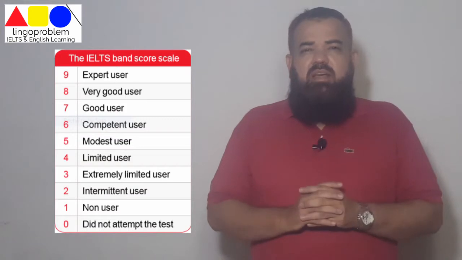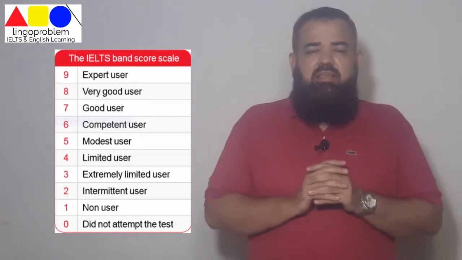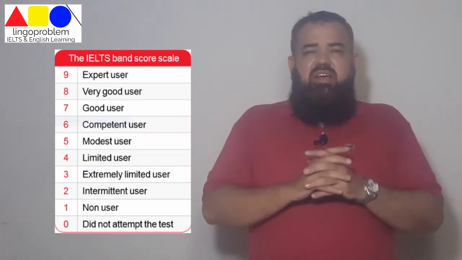There are total 9 bands in IELTS listening. So there's a criteria though, because there are 40 total questions. So now it depends how many correct answers you give. So your band score depends on those answers. I can give you the general idea, though it depends on the difficulty level of the paper.